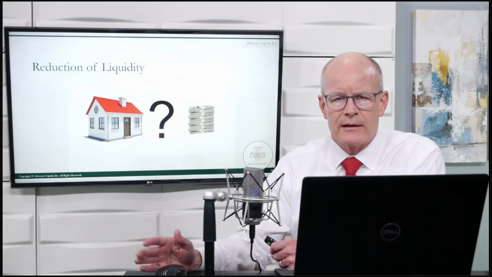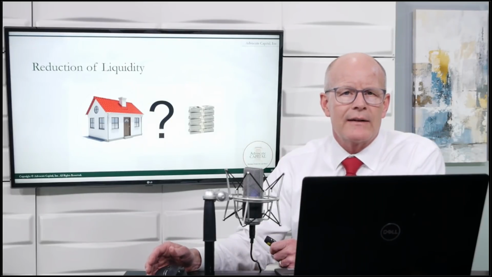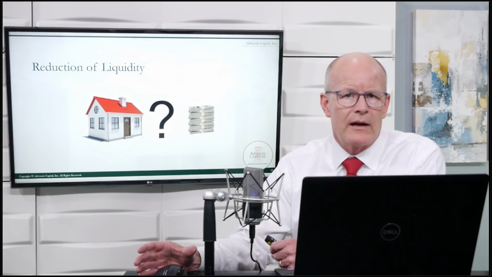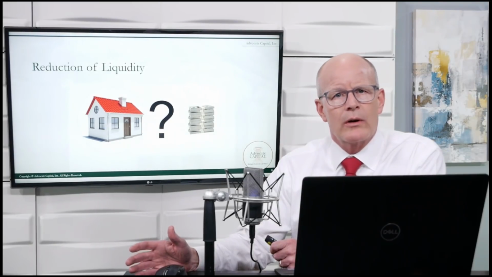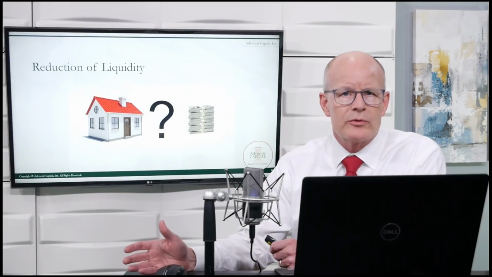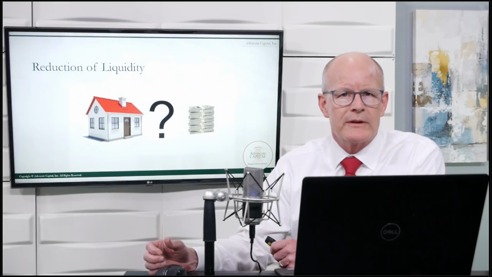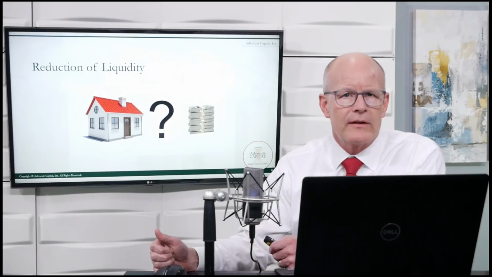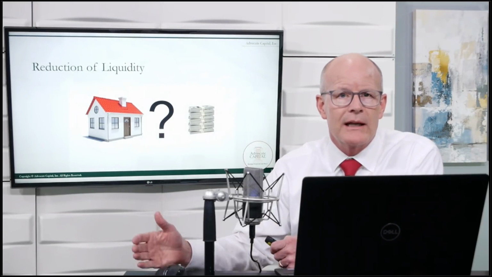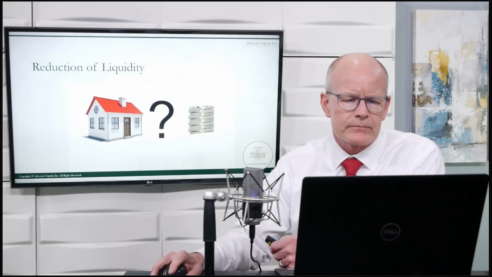So it could be 90 to 180 days before you could convert that asset to cash. So you can also think about then, if you had, as an example, a house that was worth $500,000 or $500,000 of cash, which would you rather have? Most people would take the cash, right? And part of the reason they would do that is because cash is liquid, and they would have to liquidate the house if they didn't want to live in it.